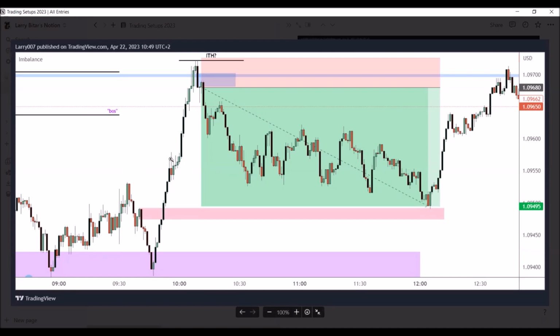And then boom, right after, we don't even retest this order block. We just go through it and there's no possible entry on the buy side. And for me, this was the only possible entry. Not the only, but the most probable entry would be from there. Okay, we need to retest this breaker before continuing.